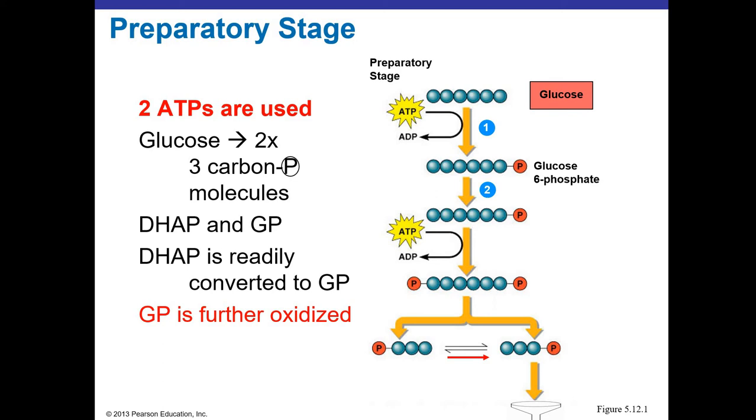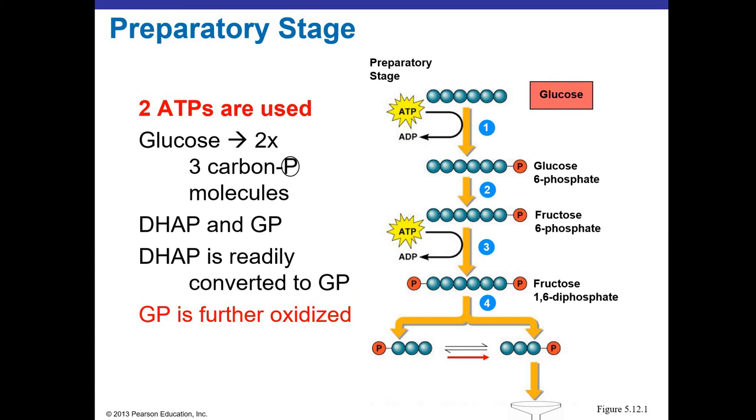You don't see this happening, but rearrange some hydrogens and you end up with fructose 6-phosphate. We put in another ATP, and this makes a nice symmetrical molecule, fructose 1,6-diphosphate, and it has the phosphates on both the 1 and the 6 carbon.